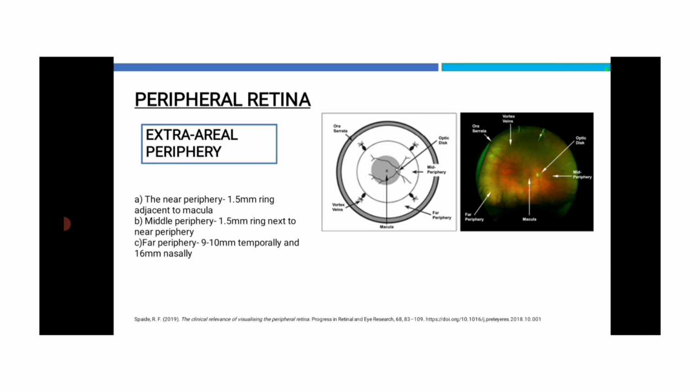These zones are as follows: the near periphery, a 1.5 mm ring adjacent to the 6 mm diameter macula; the middle periphery or the mid periphery, which is the next 1.5 mm ring; the far periphery, measuring next 9 to 10 mm on temporal side and 16 mm on the nasal side; and last but not the least, the ora serrata, which is the extreme periphery, measuring the additional 2.1 mm in the temporal and 0.7 mm on the nasal side.